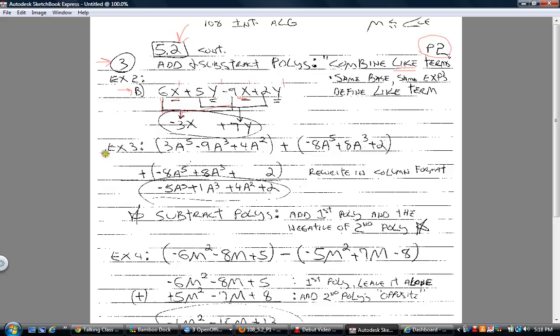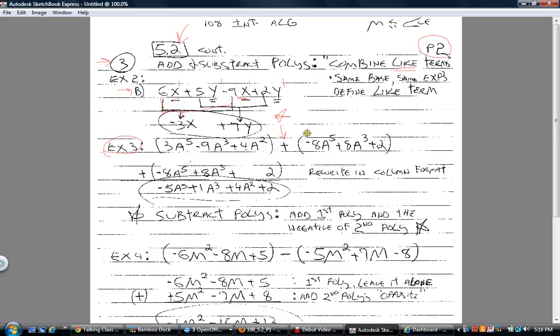Example 3 gets us into adding polynomials, and they'll put parentheses around the polynomial so you can see them. Remember, polynomial is nothing more than a collection of terms. And the big thing you got to pay attention to in these problems is what is the operation between the two polynomials. Now, when it's a plus sign, life is just a tad easier.